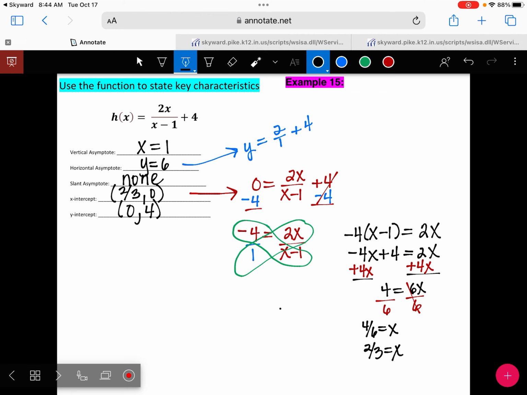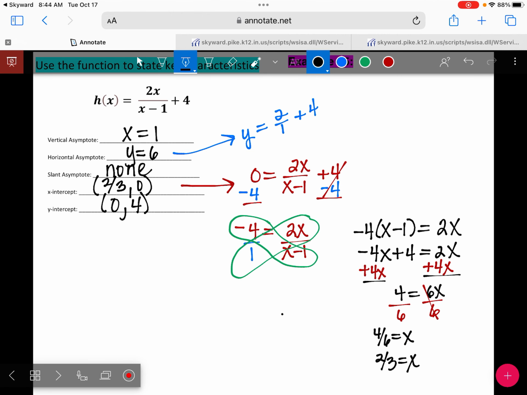Okay, you can go ahead and check your answers against mine. So again, I think the tricky part are just these two. Who's got at least 5 right? 5 out of 5.